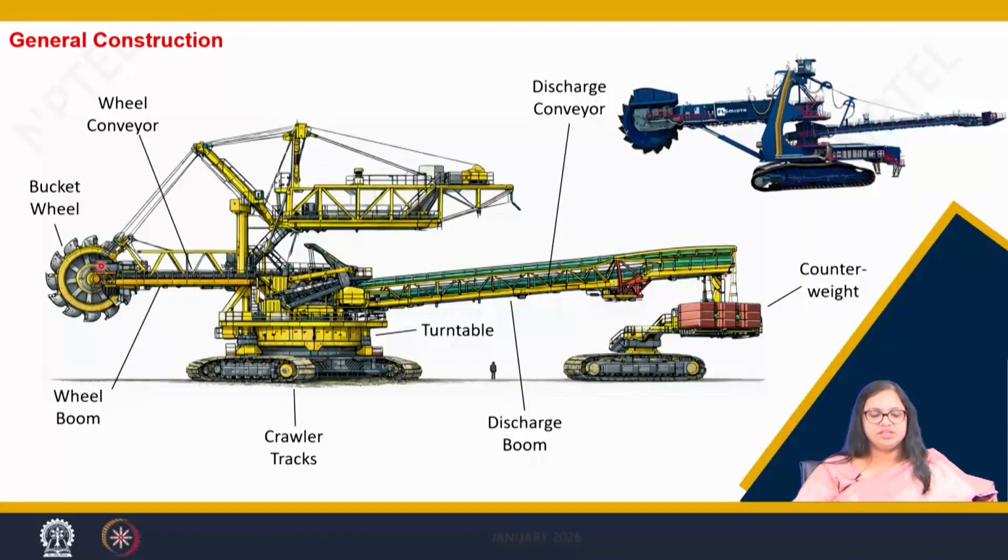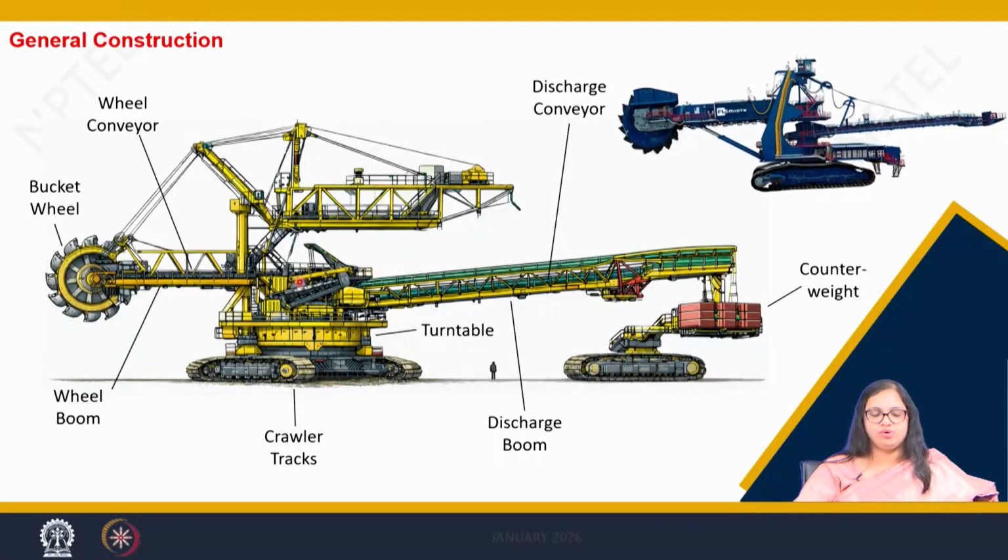Now when the material is transferred till this junction, it gets dumped onto this discharge conveyor. So there is another conveyor, which is a discharge conveyor, and we also call it the discharge boom.